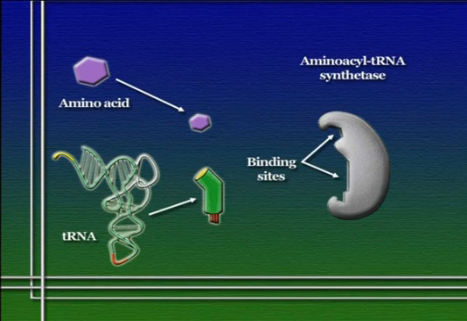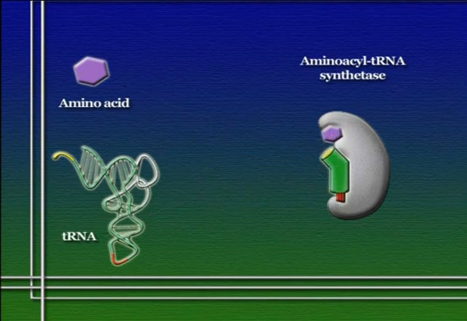These binding sites are actually in close proximity on the enzyme, and what they're doing is bringing the amino acid and the tRNA in close proximity to each other, bringing them together in the right orientation to facilitate the building of a bond between them. That's why we referred to this molecule as a sort of molecular matchmaker.